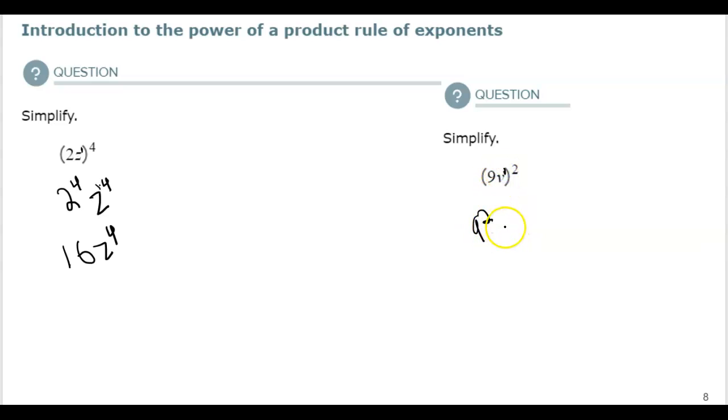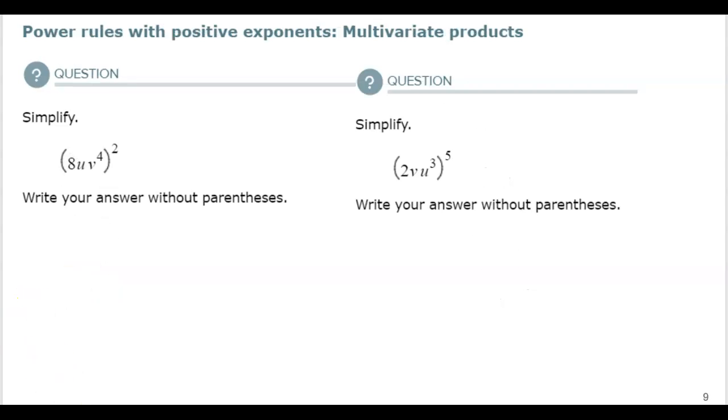You should get 9 squared times b squared. This now just has 3 variables. So we would square everything. And that becomes 4 times 2.